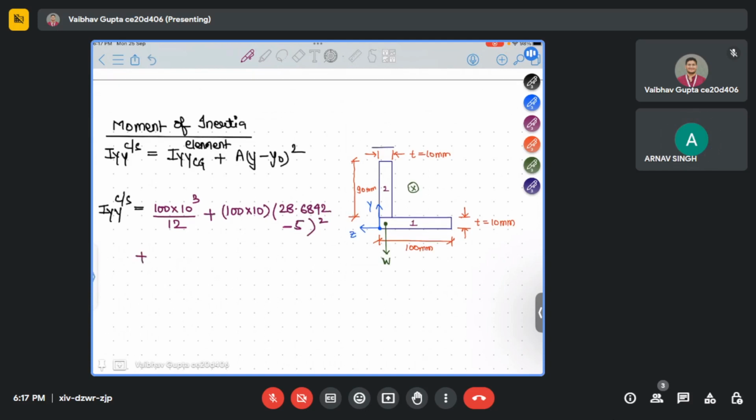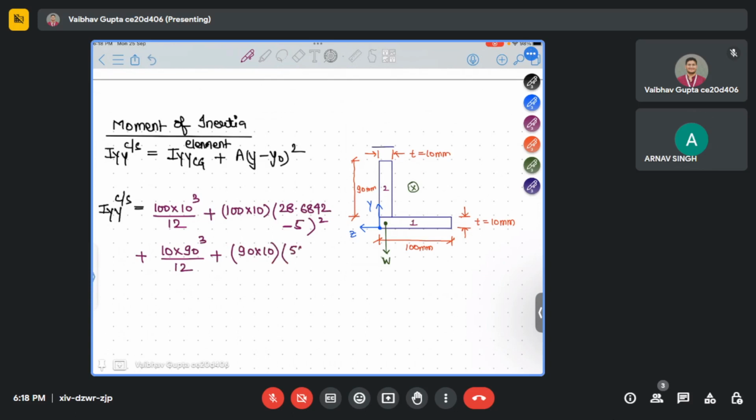Plus now we'll go to the second element. Sir, this is the whole square, right? Yes, whole square. For the second element, what is Iyy about its CG? It is 10 into 90 cubed by 12, plus area, 90 into 10. What is the CG of the second element in y direction?